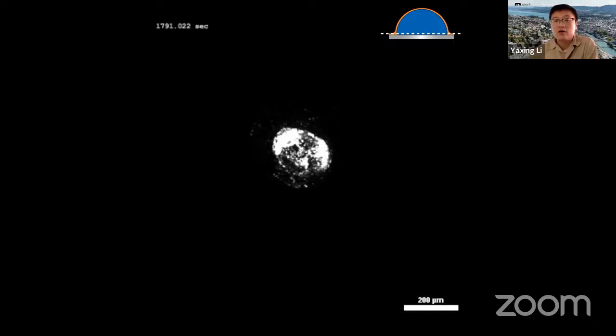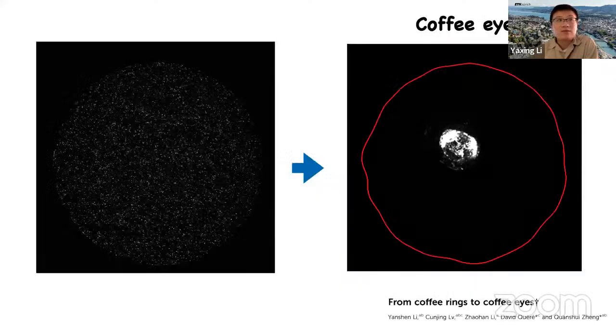Eventually, when the entire droplet evaporates, all the particles are left in the center of the original area. With this, we have already removed the coffee stain, but we still don't have a homogeneous distribution. We only have this concentrated particle deposit in the center. Some people have already studied this in a different way. They call it the coffee eye.